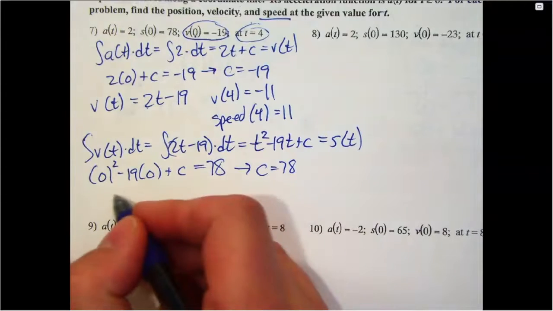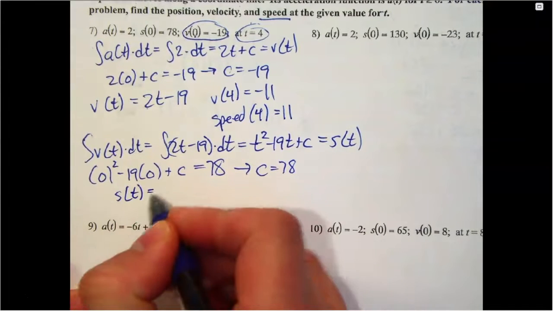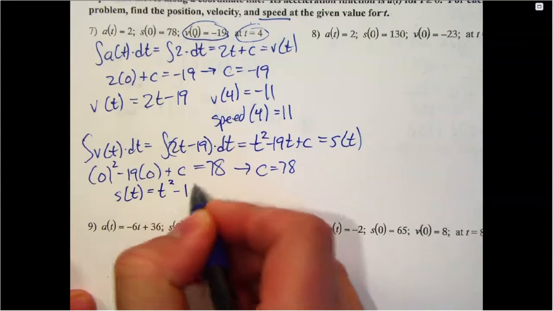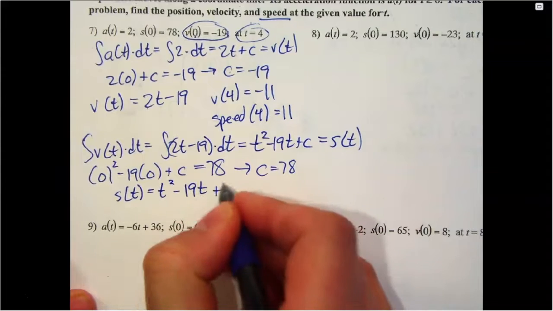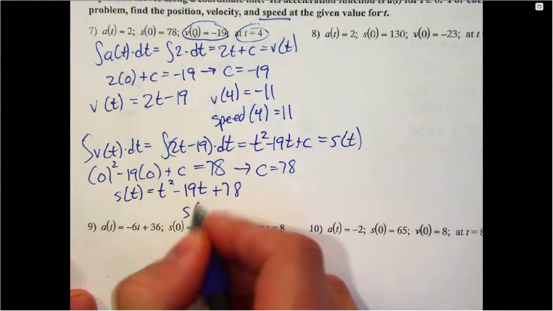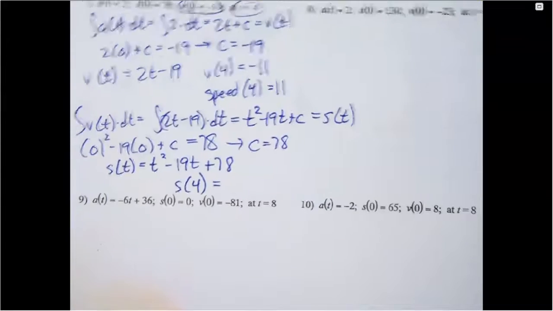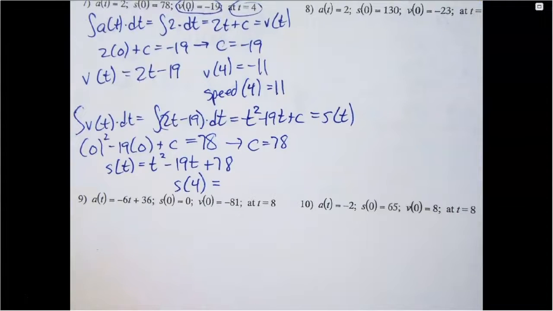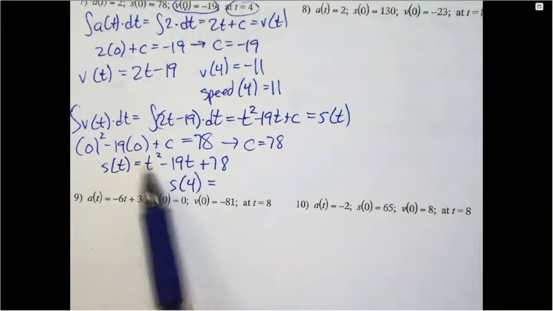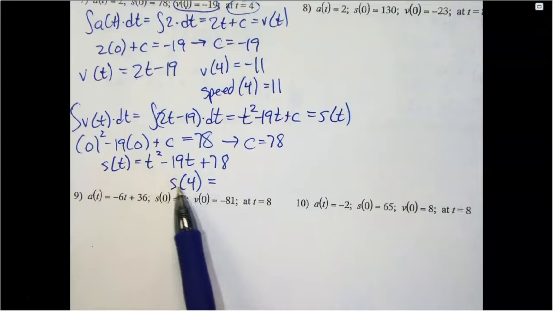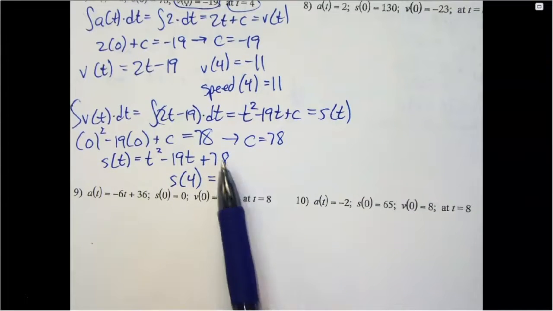So then position is t squared minus 19t plus 78, and I want to know the position at 4. So you're just plugging 4 in. What's 19 times 4? So we've got t squared, so 16 minus 76. Negative 60. Negative 60 plus 78.